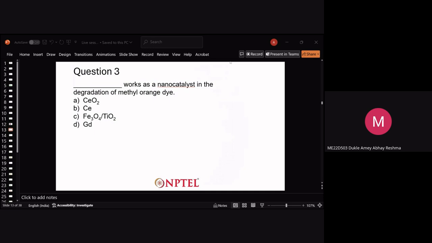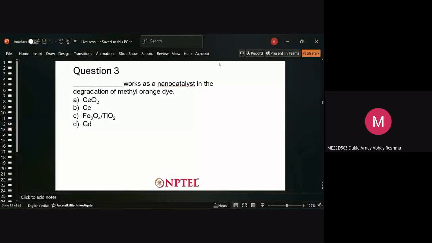The third one: dash works as a nanocatalyst in the degradation of methyl orange dye: cerium oxide, ferrous oxide, titanium dioxide, gadolinium.